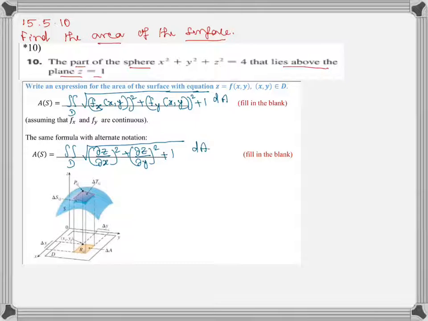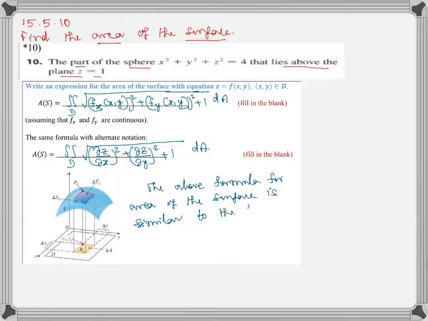So we have the figure shown to explain this formula, and this formula actually resembles the arc length formula, which we did in Calculus 2 class, which is L equals the integral from a to b of square root of 1 plus dy by dx the whole squared dx.